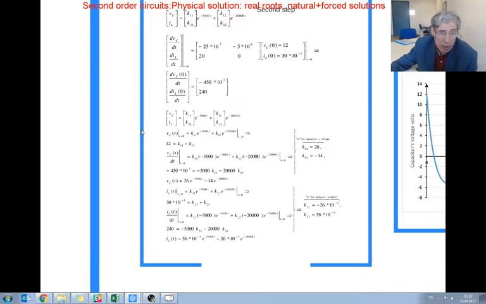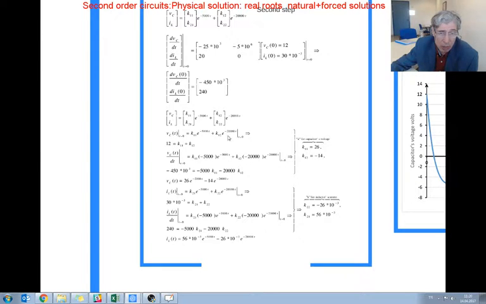How do we do it? Here, the vC(t) function is k11 e to the power minus 5000t plus k12 e to the power minus 20,000t. When you replace t with 0, you're going to find an equation, because that's going to be your initial condition.